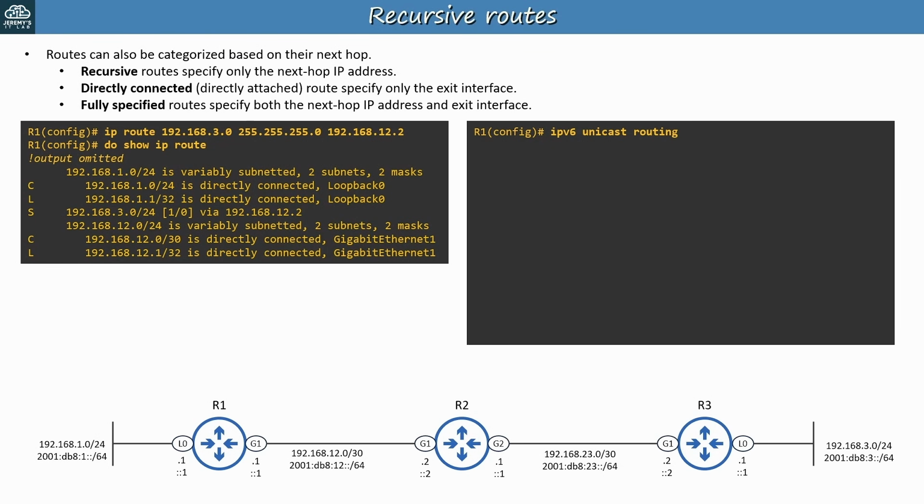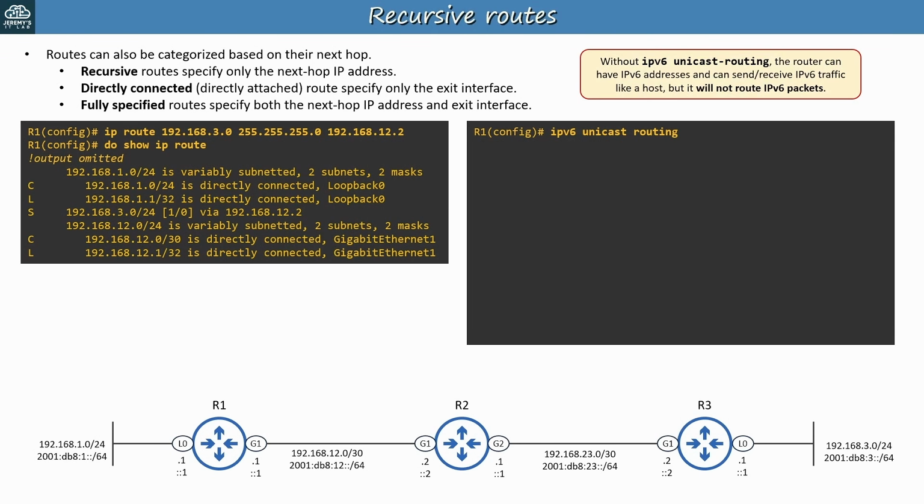First, I used ipv6 unicast-routing to enable routing of IPv6 packets. This is an easy command to miss, since IPv4 doesn't need it, but always make sure to enable it on your routers using IPv6. Let's clarify what this command actually does.